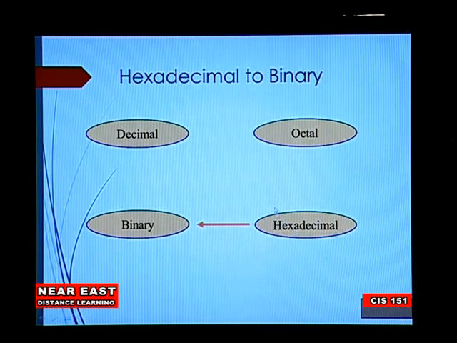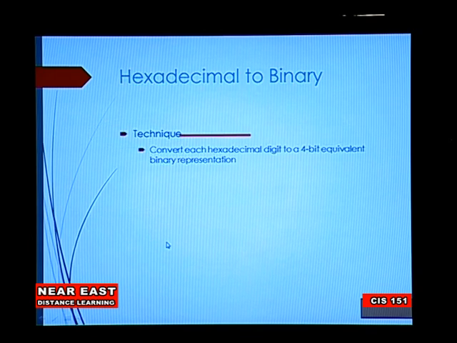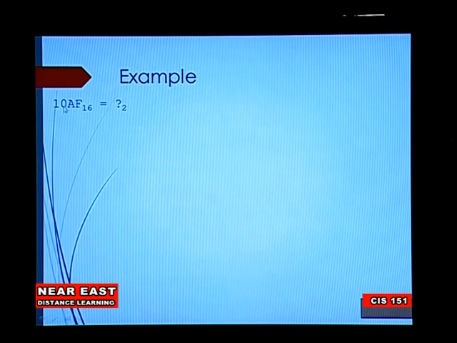Now I'm going to show you how to convert hexadecimal to binary, and this will be the last one we're going to convert for today. Convert each hexadecimal digit to its 4-bit equivalent binary representation. So 10AF in base 16 equals what in base 2?